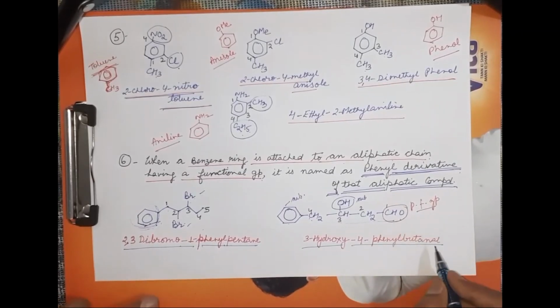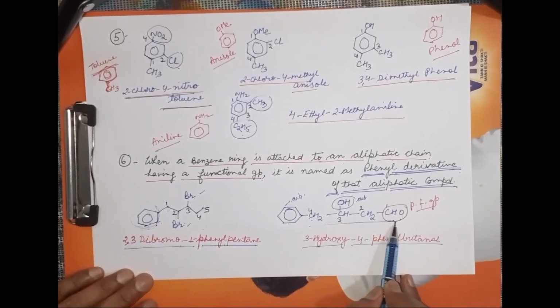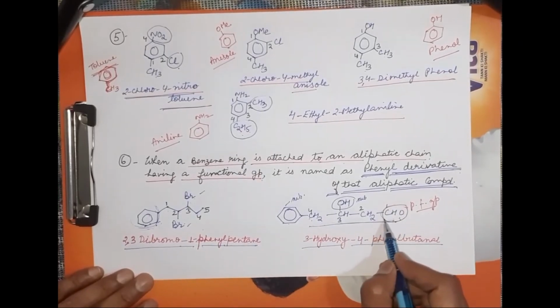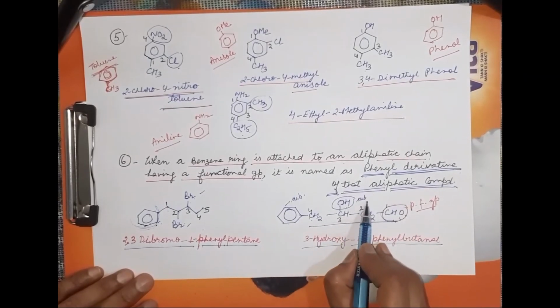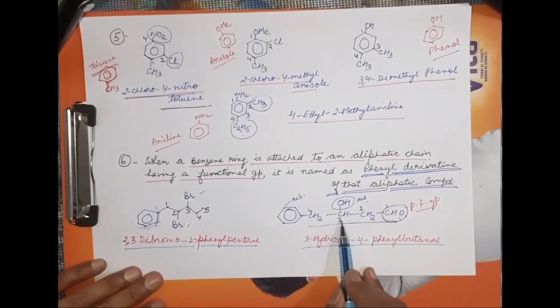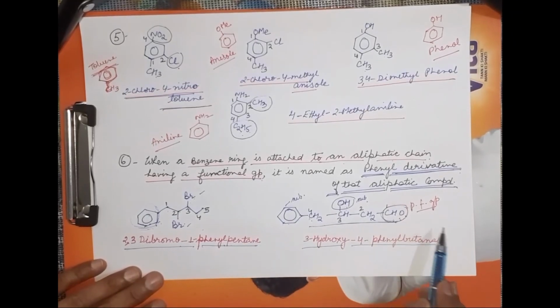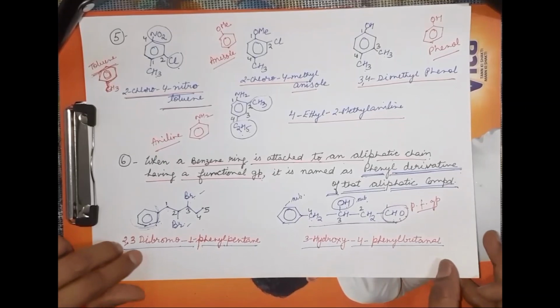For the CH2 group, ul is added. Once again, I will repeat: this is the aliphatic chain having the functional group, so this will be the parent chain, and this is the principal functional group, the aldehyde group. OH is the substituent and the benzene ring is also a substituent. So while writing the name: 3-hydroxy 4-phenyl butanol, this will be the name.